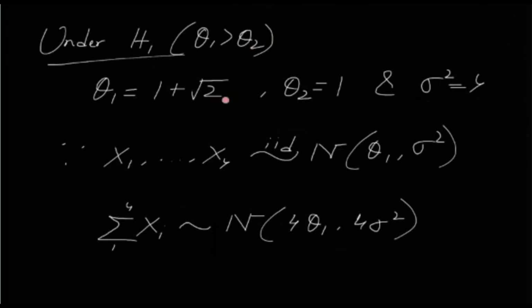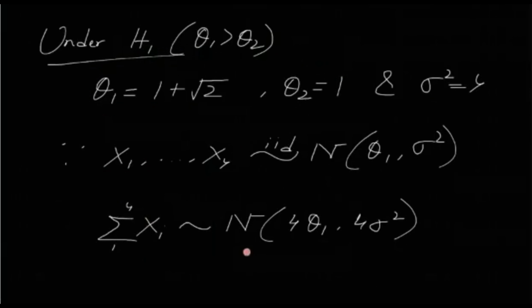Here 1 plus root 2 is greater than 1, right? So this particular value of theta 1 and theta 2 belongs to the alternative parameter space because theta 1 is greater than theta 2. So it's valid. Now x1 through x4 follows IID normal theta 1 comma sigma square.